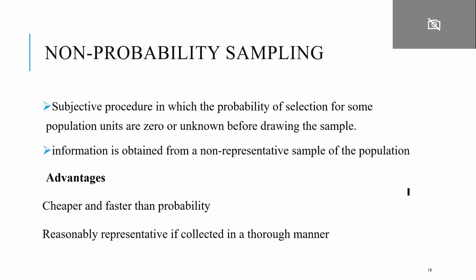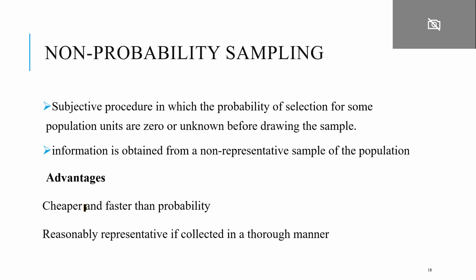There is no equal probability of selection of respondents. Probability is not involved in such a kind, which is totally based on the researcher's judgment, and that is called non-probability sampling. While in probability sampling, there is a probability of selection of each and every unit in the population. So it is a subjective procedure in which the probability of selecting some population units is zero or unknown before drawing the sample.